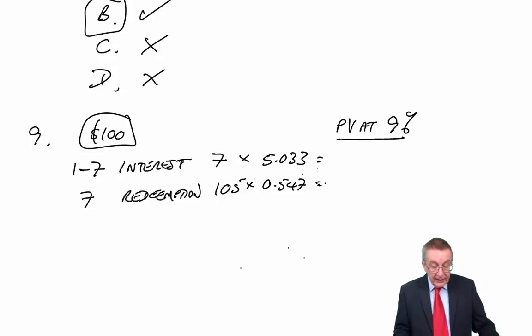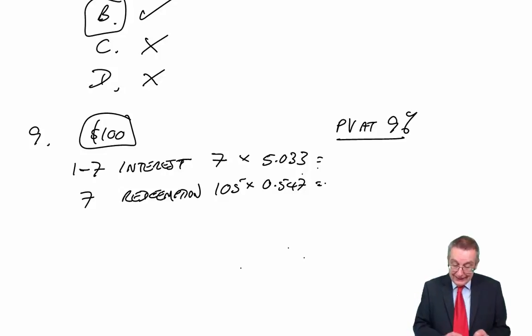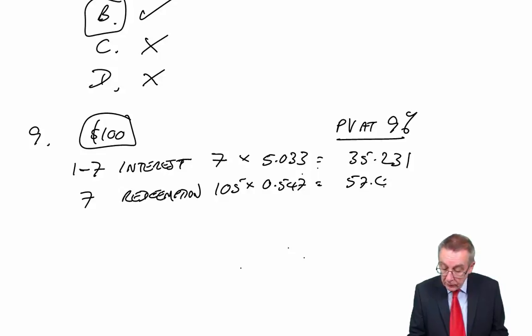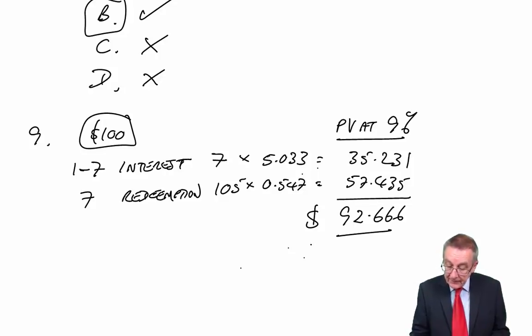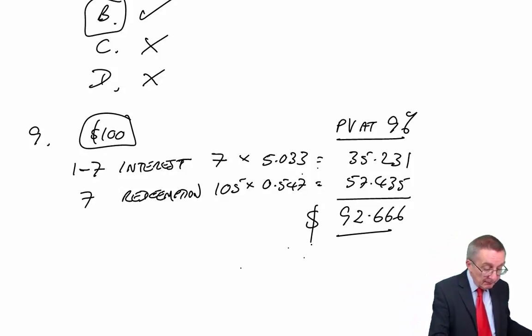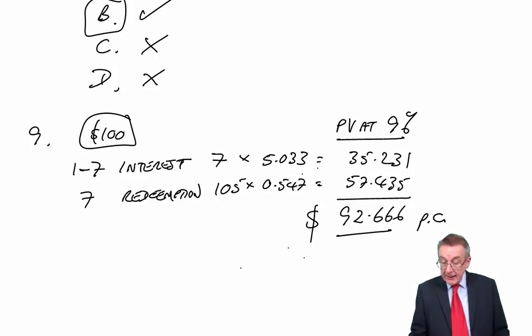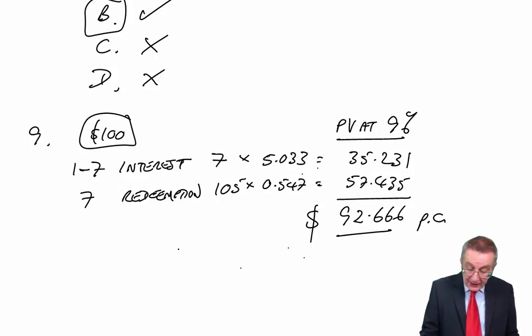And so the present values are 35.231 and 57.435. So the market value for $100 nominal is 92.666 per 100. The correct answer is A.